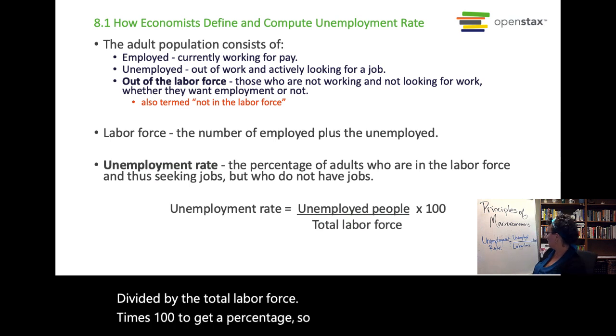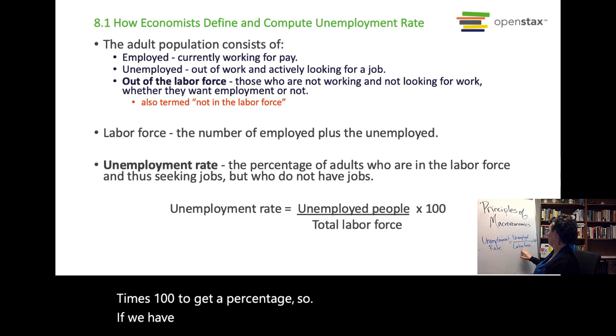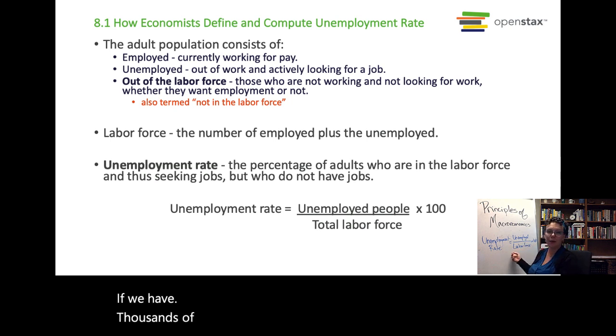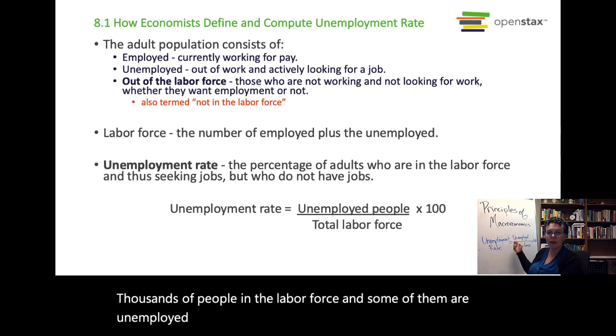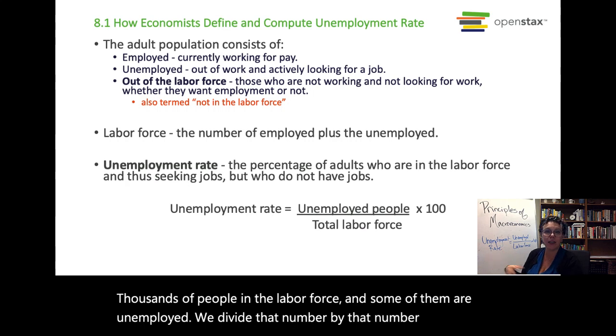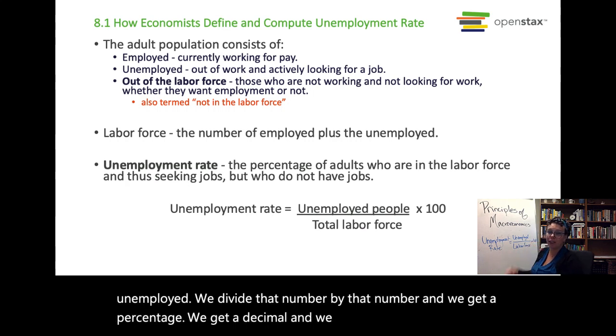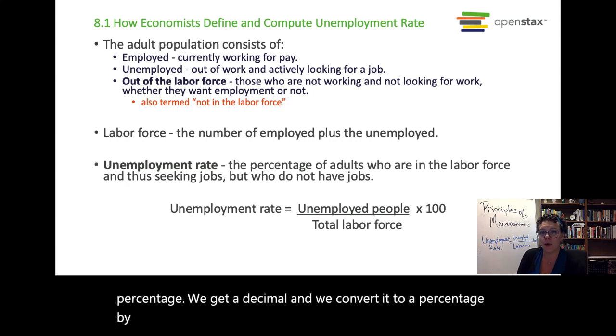So if we have thousands of people in the labor force and some of them are unemployed, we divide that number by that number and we get a decimal, and we convert it to a percentage by multiplying it by 100.